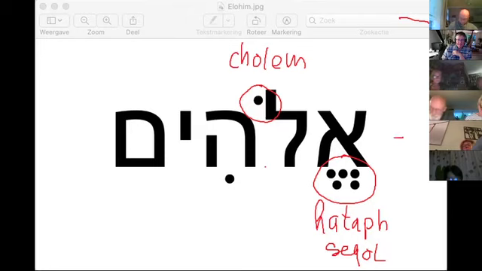So when you read it, this has no sound, the Aleph has no sound, then you get the E sound, or the S sound, then you go to the Lamed, and then you go to the Cholem, then you go to the Hey, and now it's interesting, that's why I like this word.